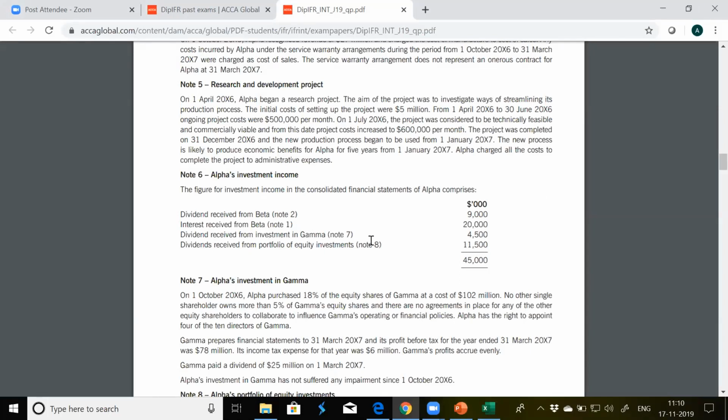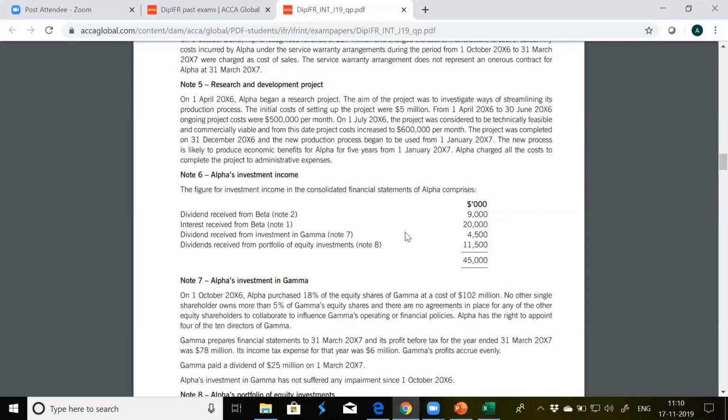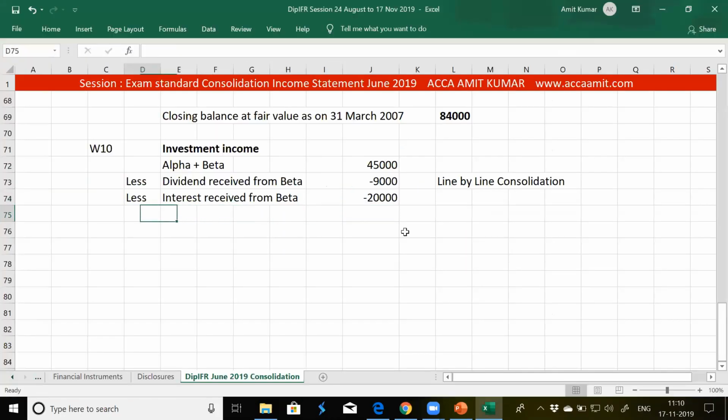Dividend received from investment in Gamma is also replaced now with the share of profit from associate. So we'll remove the dividend received from Gamma as well. We'll remove 4,500.